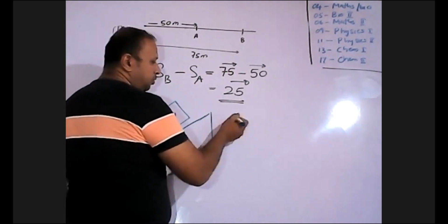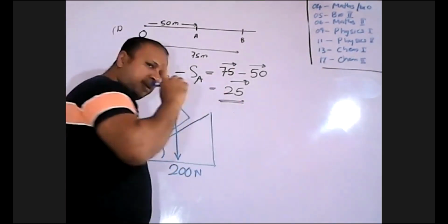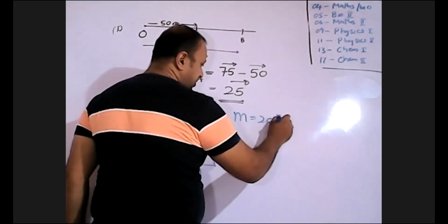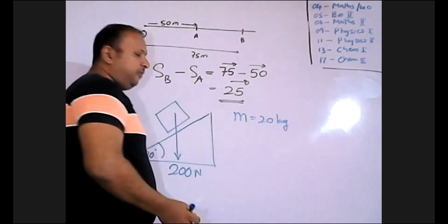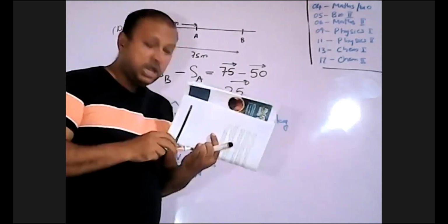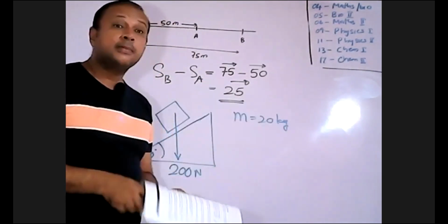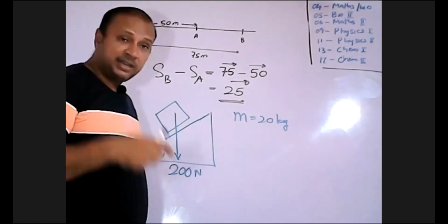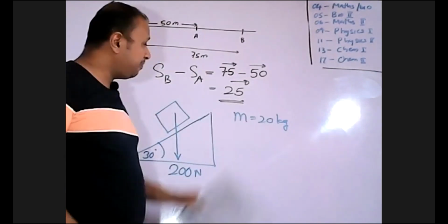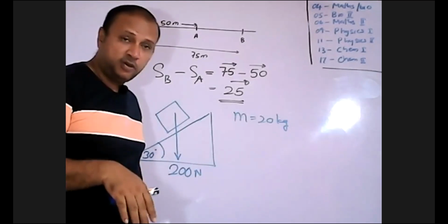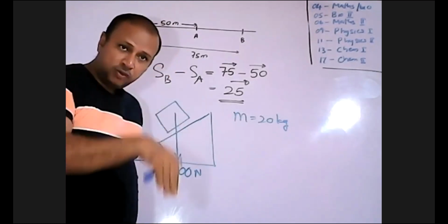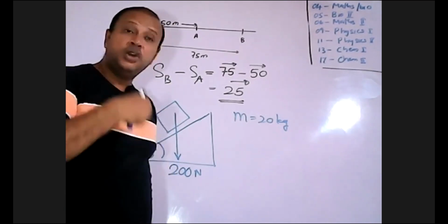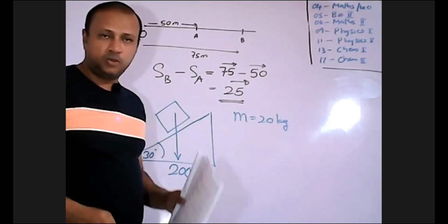Actually, if mass is 20 kg, then how much is weight? Its weight can be calculated using mass and gravitational acceleration, because the acceleration towards the earth is called gravitational acceleration. It is equal to 10 ms^-2.